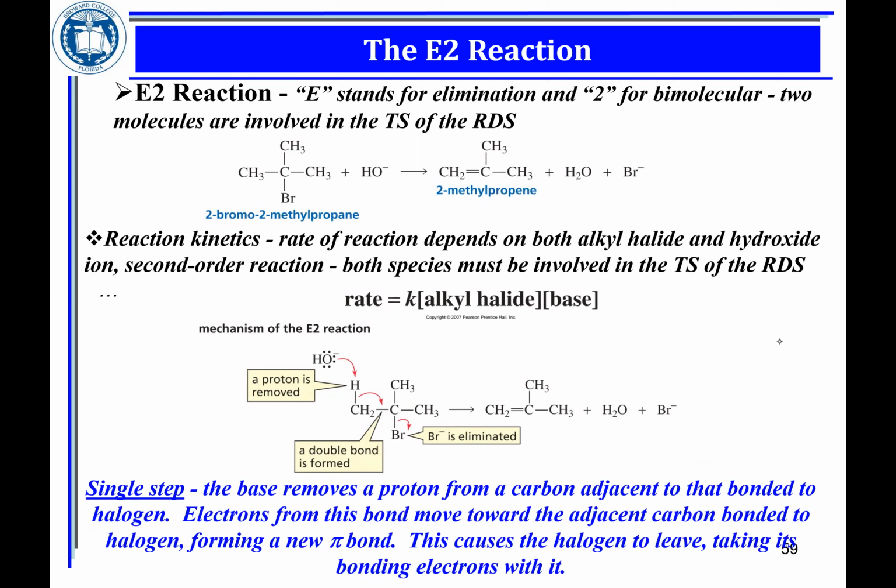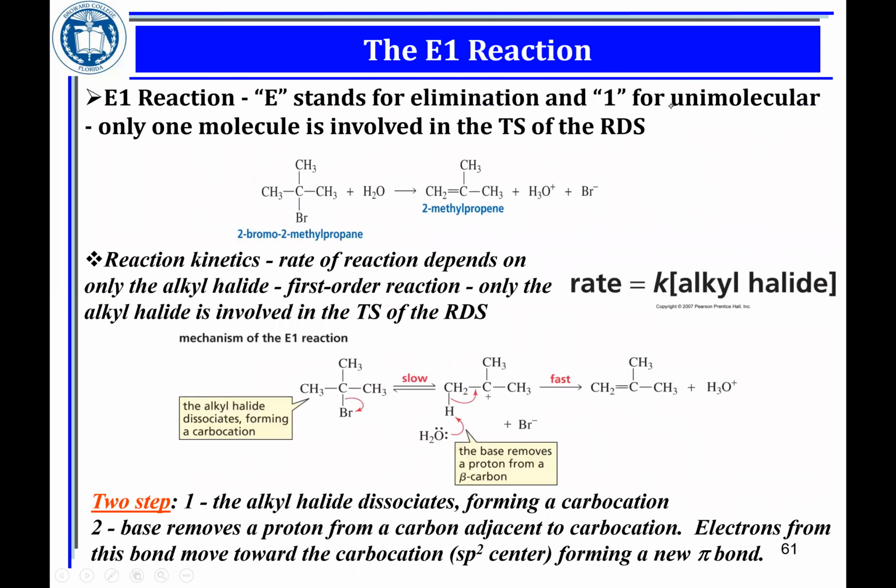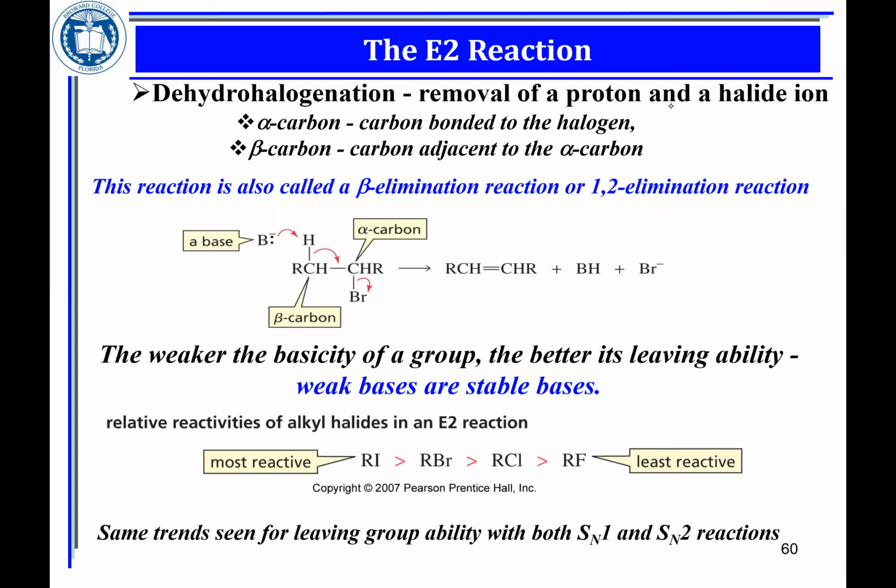So for E2, which is elimination, what is being eliminated? If it's alkyl halide, elimination is going to be HX. Okay, HX is going to be eliminated.